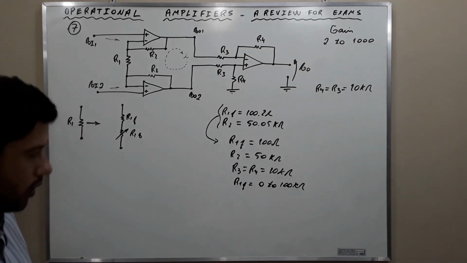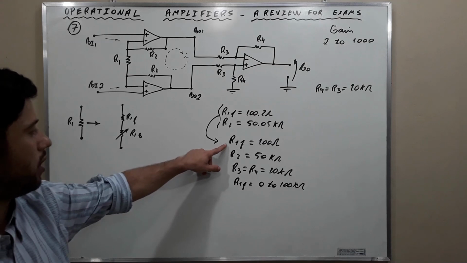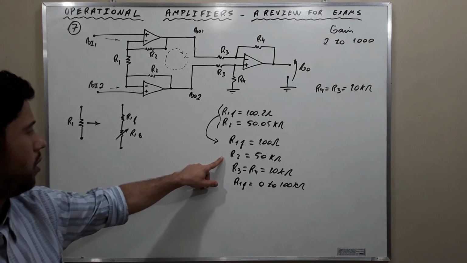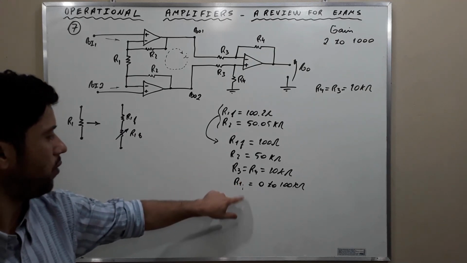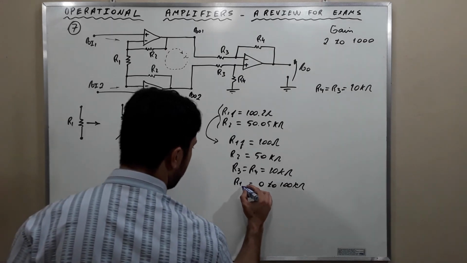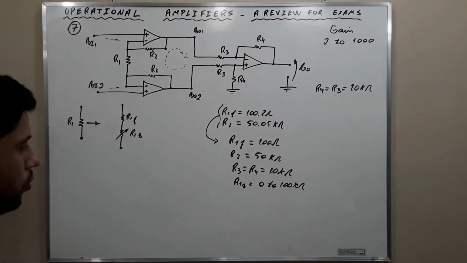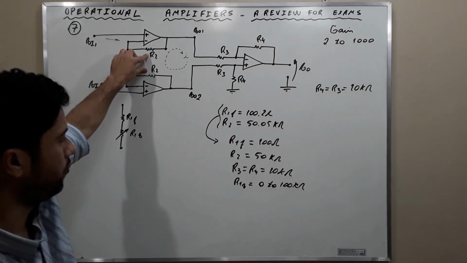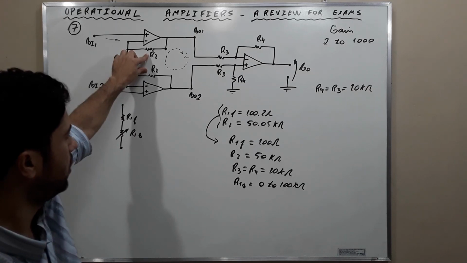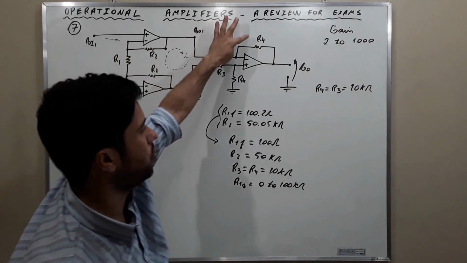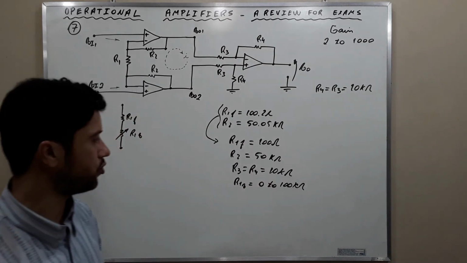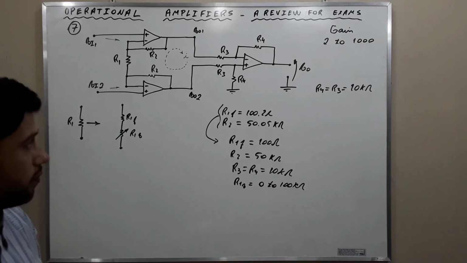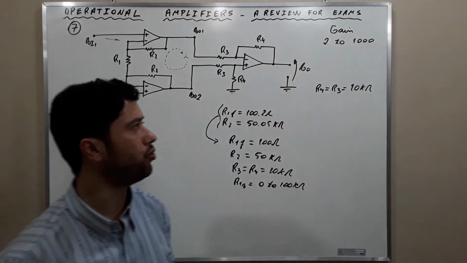And in this way, using this R1F 100 ohms, R1V is here, 0 to 100 kilo ohms. R2 is 50 kilo ohms, and R3 equal to R4 equal to 10 kilo ohms. In this way, we can construct an amplifier whose gain varies from 2 to 1,000.